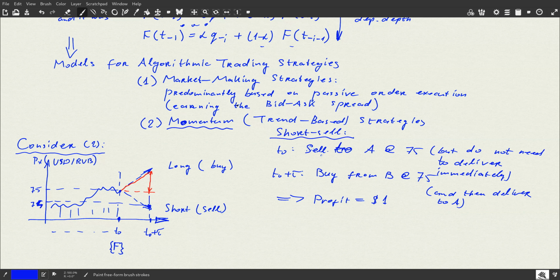And instead of, let's say, $1 profit, if it really goes up to, let's say, 76, you suffer a loss of $1 because of the price fall.